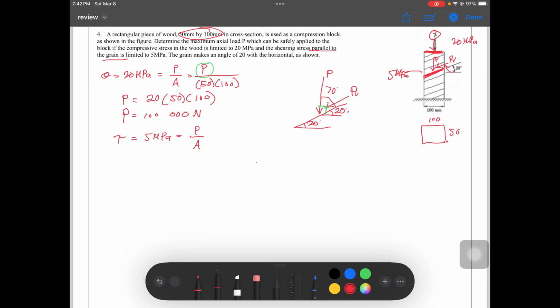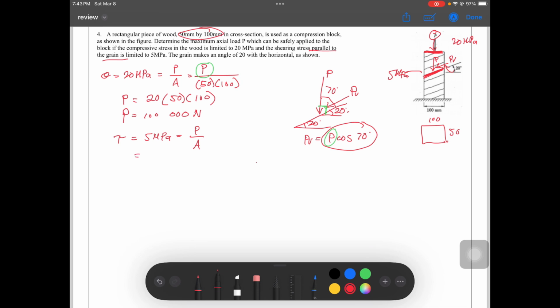So, we can write an equation that PV is equal to P cosine 70 since horizontal component. So, we are trying to solve yung P. So, ito ang gamitin natin equation. Ito ang ating P value.